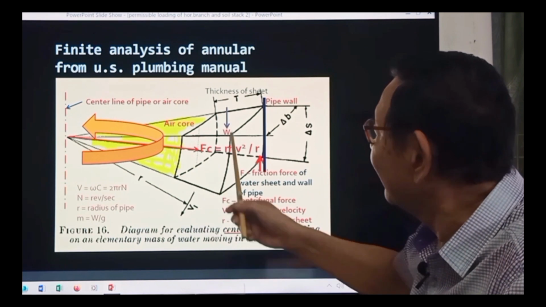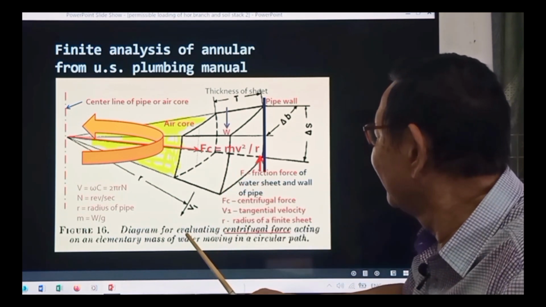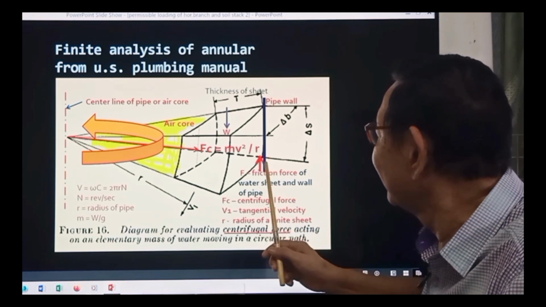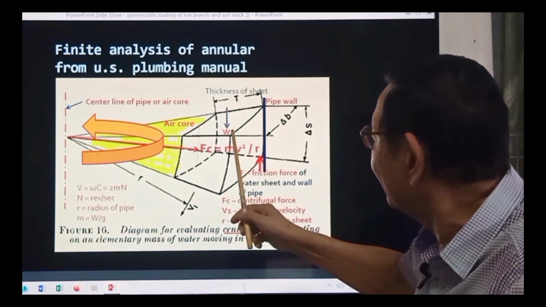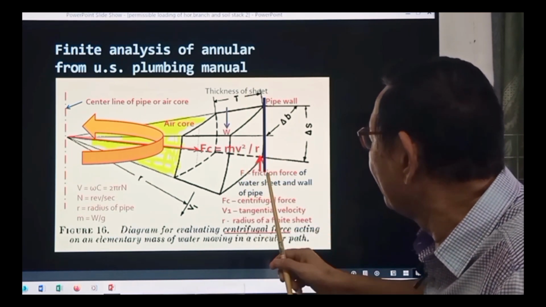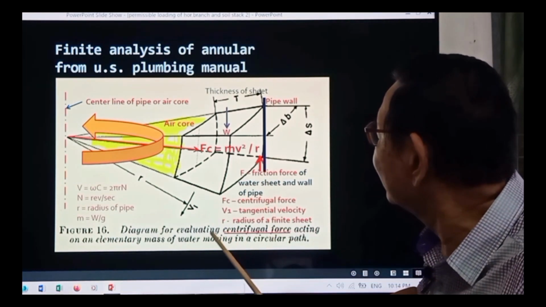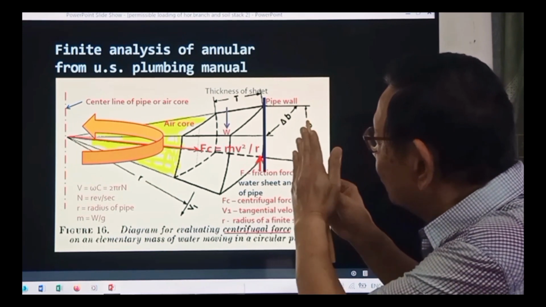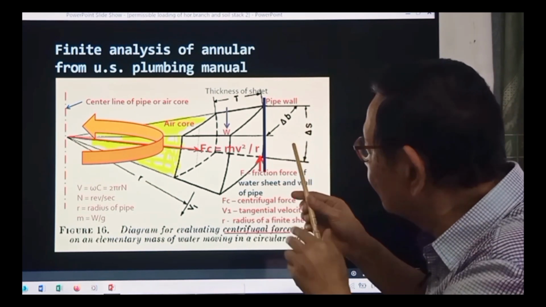Umiikot siya. Kaya, itong pag-ikot niya, at saka pagbagsak nito, dahil may weight siya, nagbagsak siya dito, may friction ito sa wall ng pipe. Itong wall ng pipe, ang tubig dito, bagsak dito, ikot ng tubig na yan.